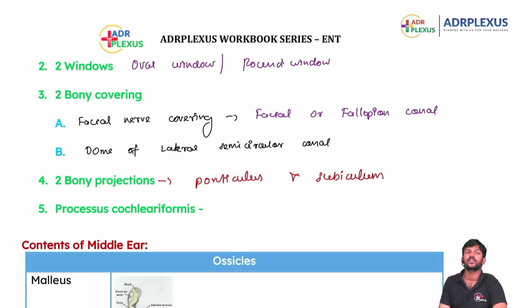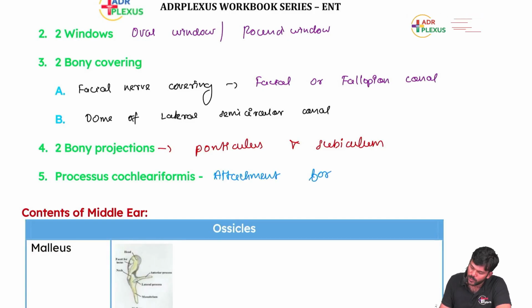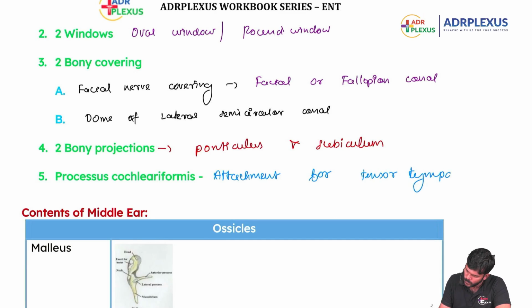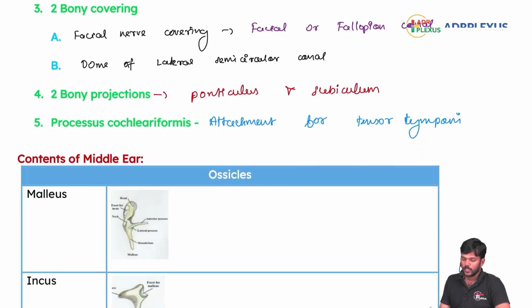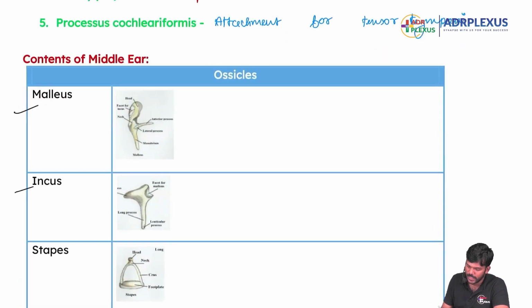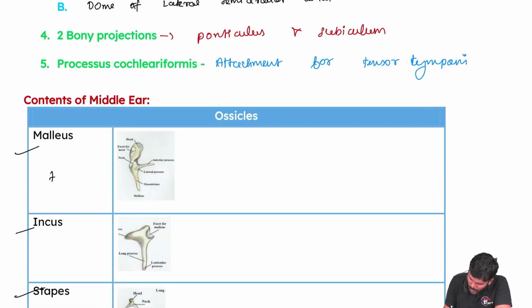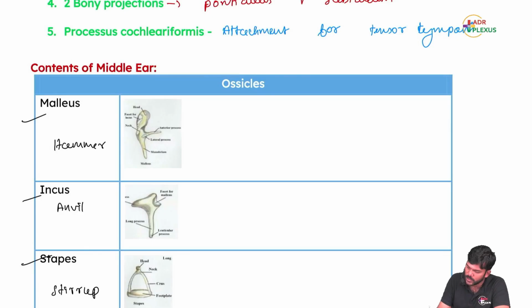Processus cochleariformis is nothing but the attachment for the tensor tympani tendon. Contents of the middle ear: we have malleus, incus and then stapes. The malleus is a hammer shaped bone, incus is an anvil shaped bone, stapes is a stirrup shaped bone.